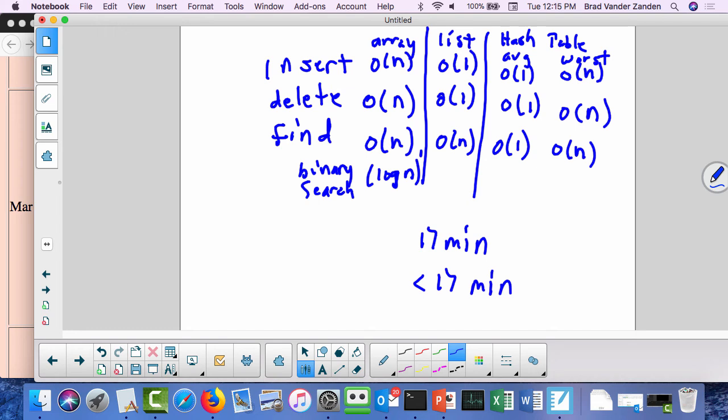Okay? So we call this type of query a range query, because it's asking for all items in a range.